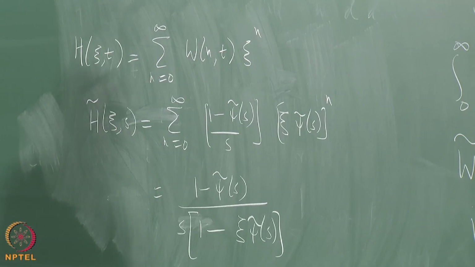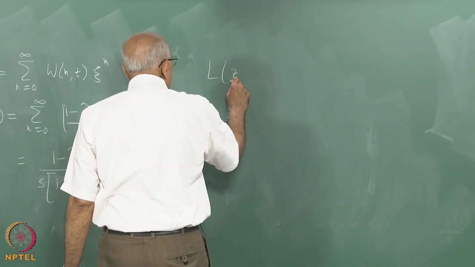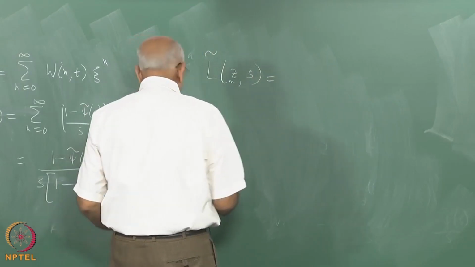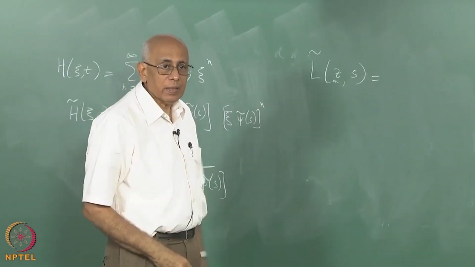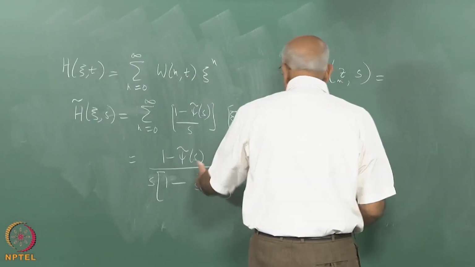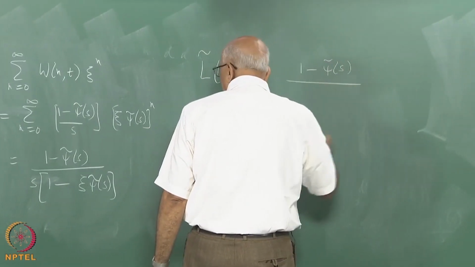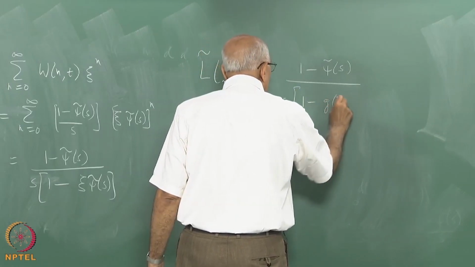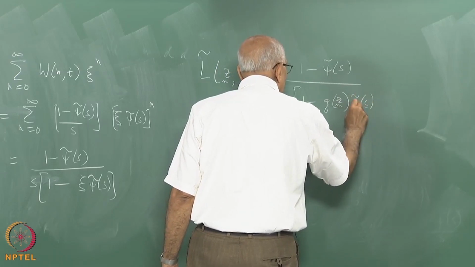Okay. And therefore finally we have our L of z comma s Laplace transform. This is the generating function for p of j comma t. Now I take its Laplace transform instead. That is equal to 1 minus psi tilde of s divided by s times 1 minus not xi but g of z psi tilde of s.